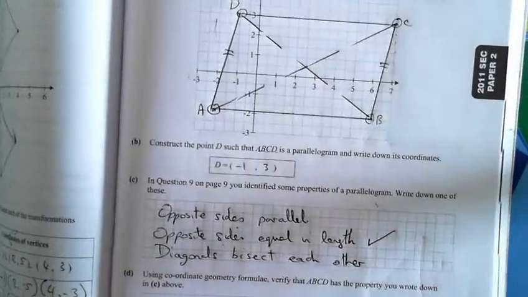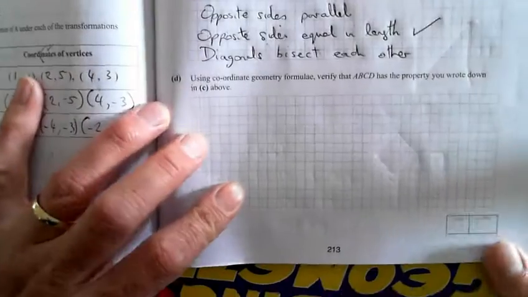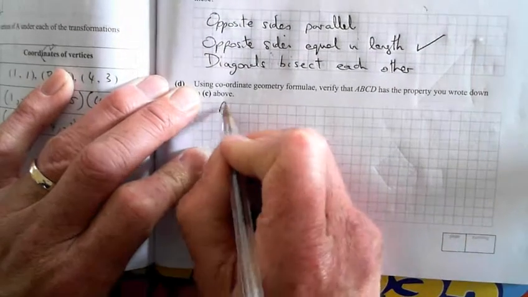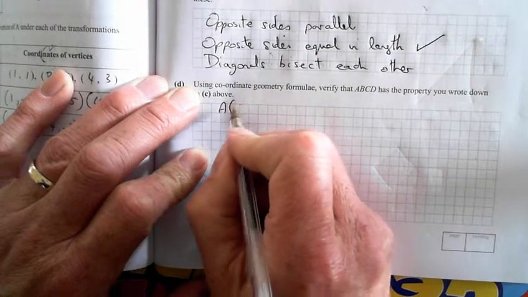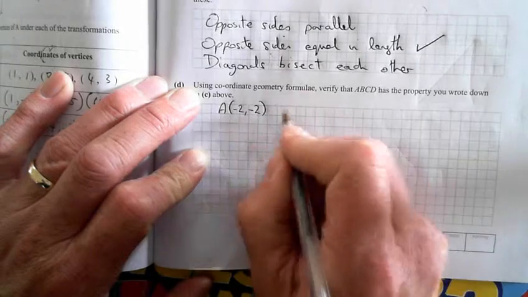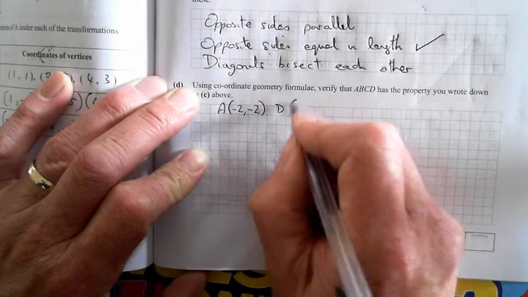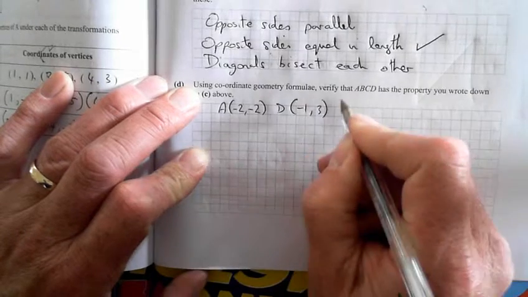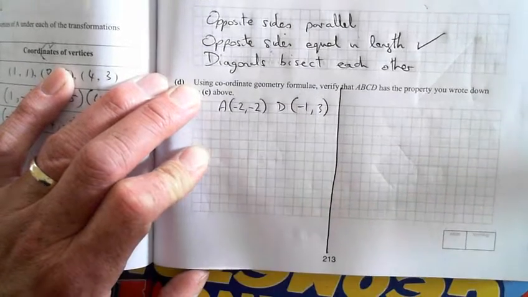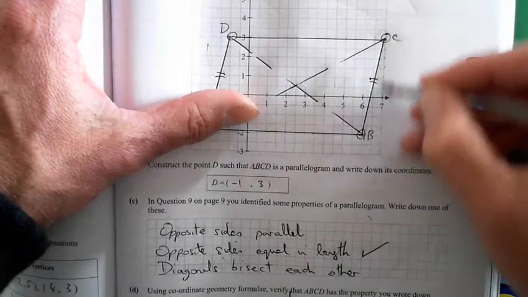We'll write down the 2 points A and D. So A is -2, -2, and D is -1, 3. Then we'll find the length of BC.